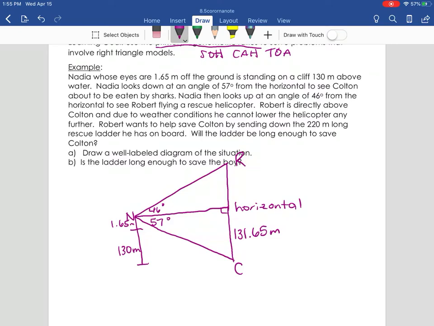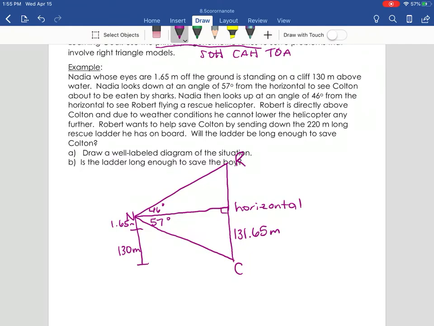She sees Robert flying a rescue helicopter, which we can call point R. He is directly above Colton, which is important to get that 90 degrees. But due to the weather conditions, he cannot lower the helicopter any further. Robert wants to help save Colton by sending down the 220 meter long rescue ladder he has on board. Will the ladder be long enough to save Colton?